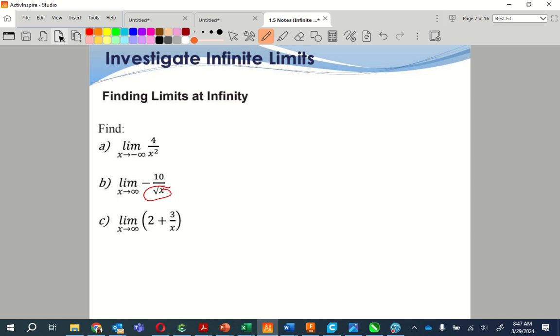Now this one right here, what do you think this one's going to? Infinity? Okay, so right here, if I break up this limit, is this a constant? So limit as x approaches infinity of the number 2 plus limit as x approaches infinity of 3 over x.